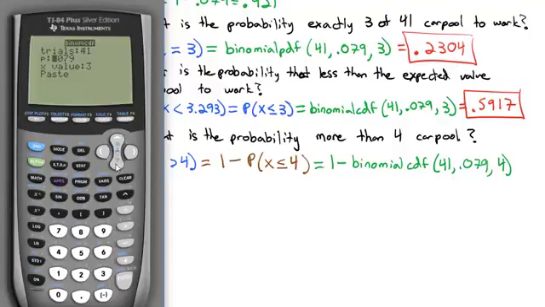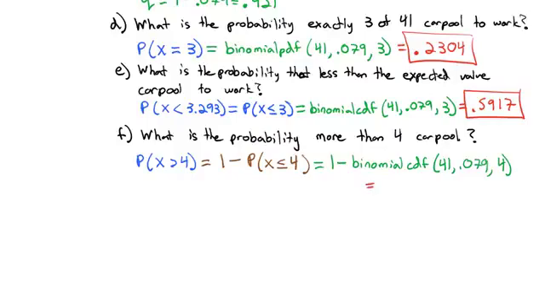We still have 41 trials, we still have 0.079, but now we want the x value to be 4. Paste. And when I hit enter, 1 minus the binomial CDF gives me a probability of 0.2205. So there's a 22% chance that we would have more than 4 out of 41 workers carpooling to work.